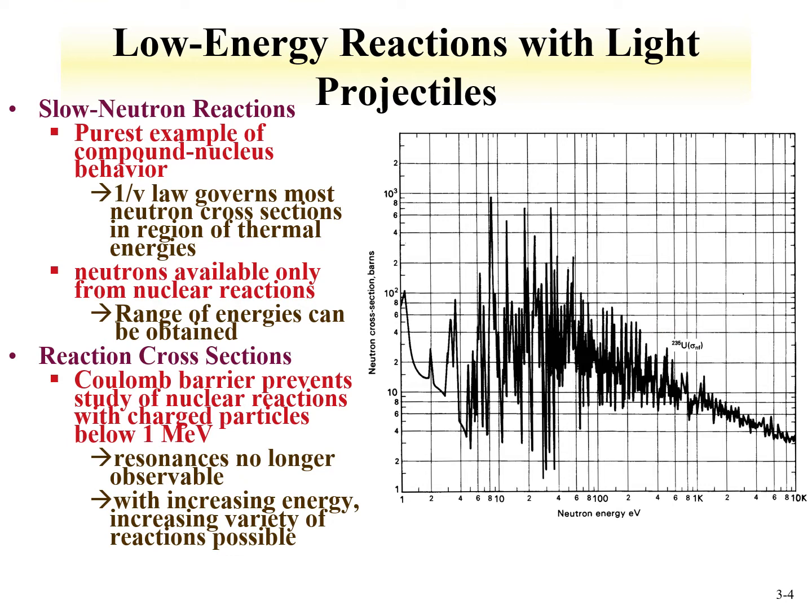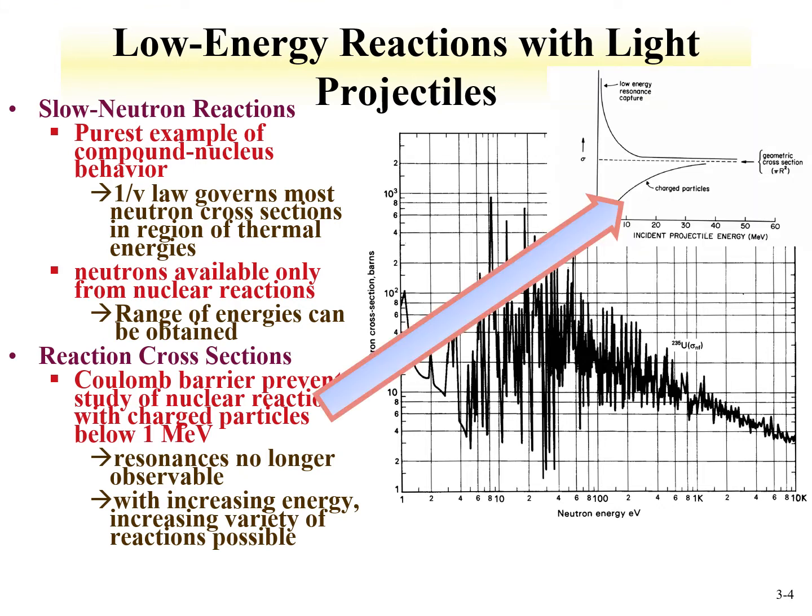Now, there are some aspects of this that are influenced by the particle. For instance, the reaction cross sections are going to be influenced by the Coulomb barrier. The Coulomb barrier prevents charged particle reactions below 1 MeV. And here's an example of what one can see for neutron energy.